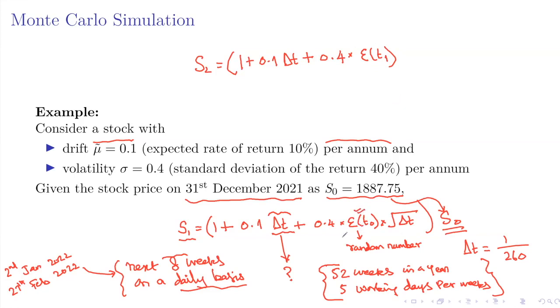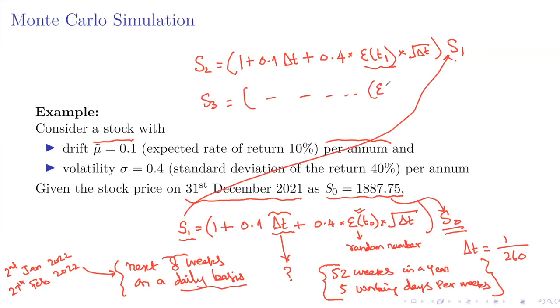So for every time step, you will generate one more random number, which we will denote by epsilon t1, but in your code, it will be generated by the computer, into root delta t times S1. So whatever you computed here, that you will plug in. Similarly, S3, exactly the same. The only thing is this epsilon t2 is another random number that you will be plugging in here. S2, like that, you will keep on going.